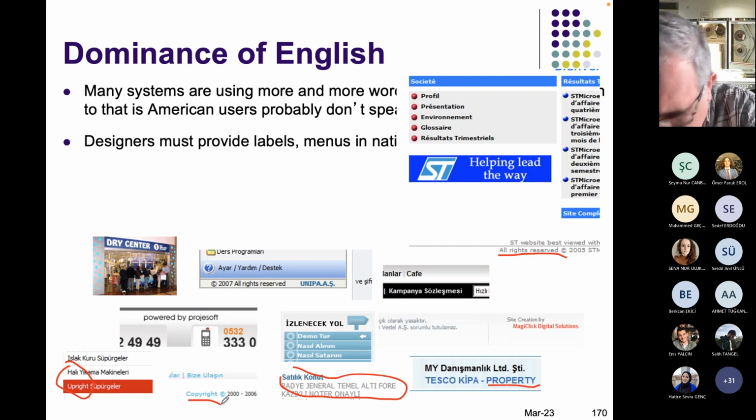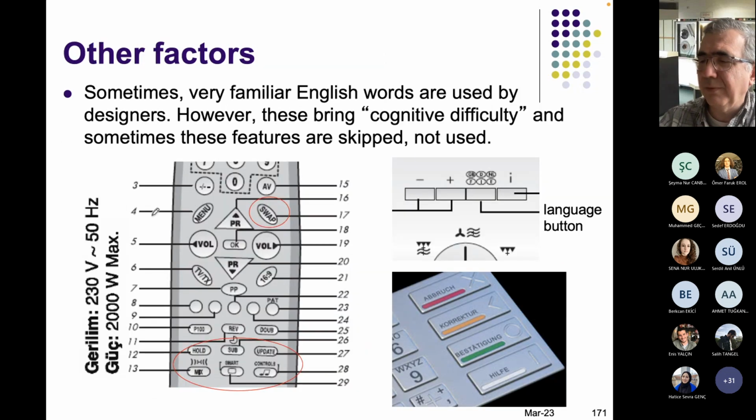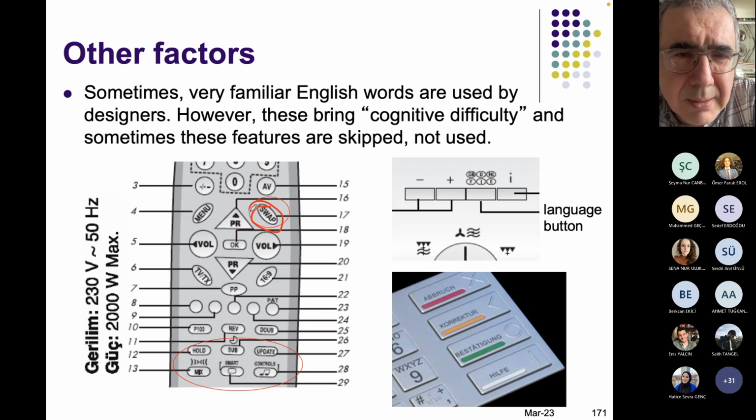Copyright, etc. These are like wannabe English behaviors which I don't like and which create usability problems. For example, there is a swap here. If you understand what swap means, yes, you can use it. But if you don't understand what swap means, you can't use it at all. So it's just a direct language barrier.